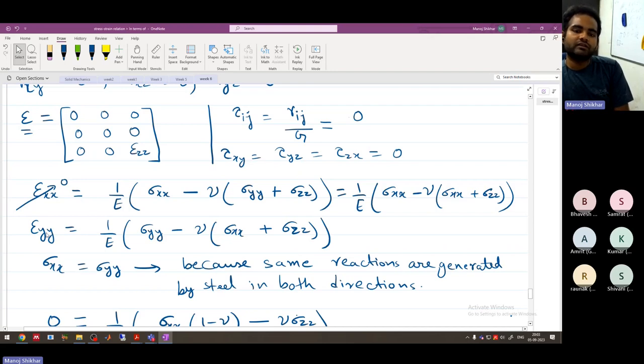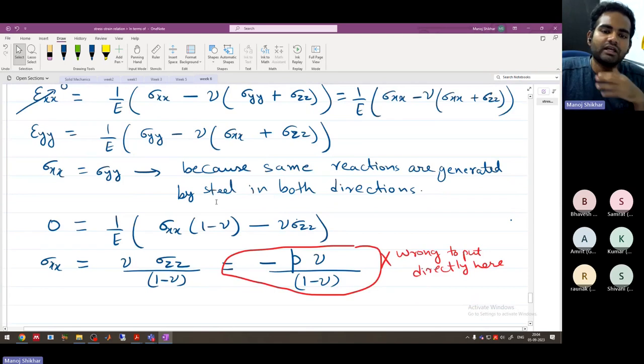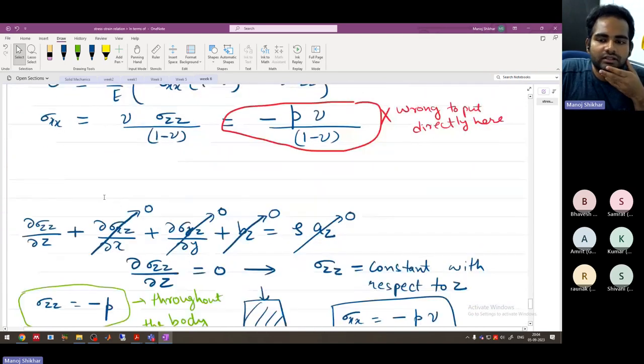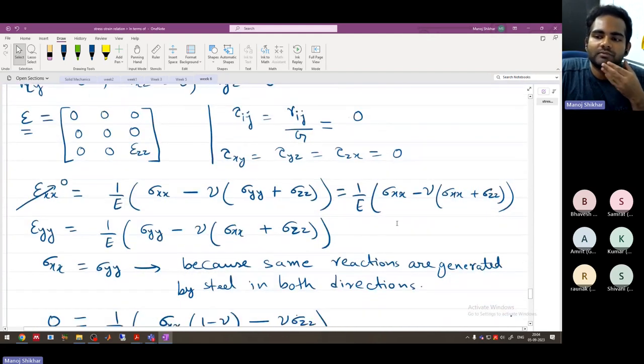Here also we would have put epsilon yy equal to 0, and we would have got two different equations in sigma xx and sigma yy, and the third with respect to sigma zz. Then we would have used the equilibrium equation in the z direction, and from here also we would have been able to understand the value of sigma xx and sigma yy.